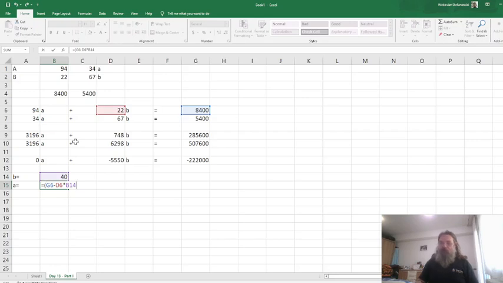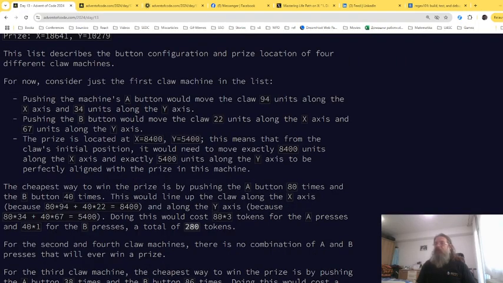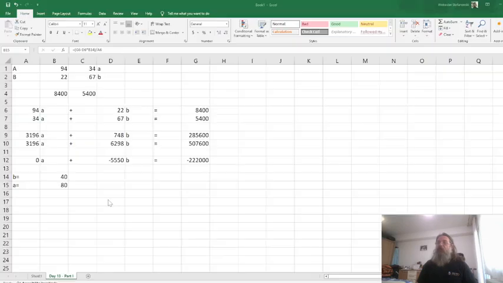So the only thing we need to do is divide this by 94, and we get that the solution of our system of equations is that a has to be 80 and b has to be 40. That's exactly the solution that we get here: the A button 80 times and the B button 40 times.